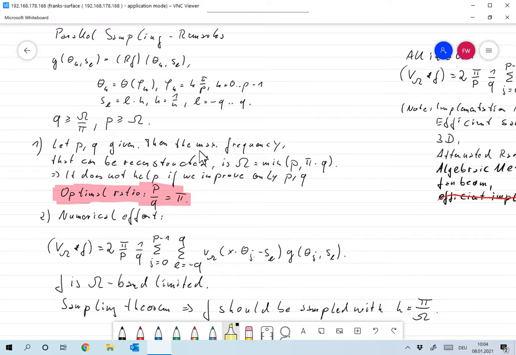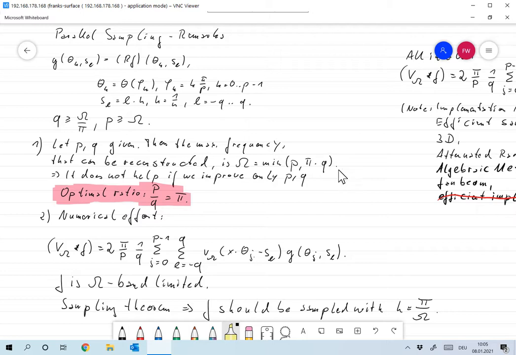Then obviously the maximum frequency that can be reconstructed is omega as the minimum of P and of pi times Q. So let's assume we have an existing CT scanner. Then raising P does not necessarily help us in reconstruction. It does not improve the resolution if pi over Q is smaller than P.